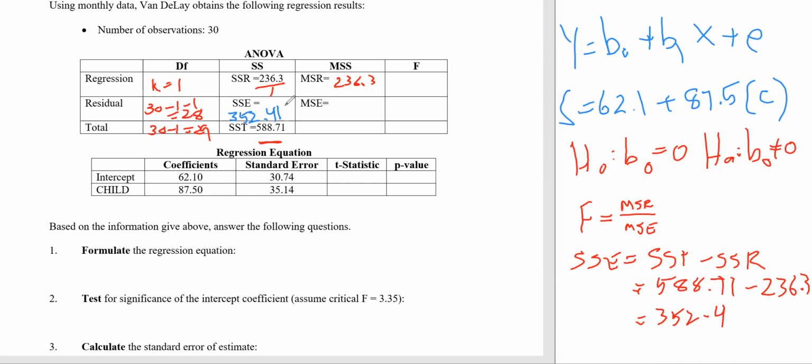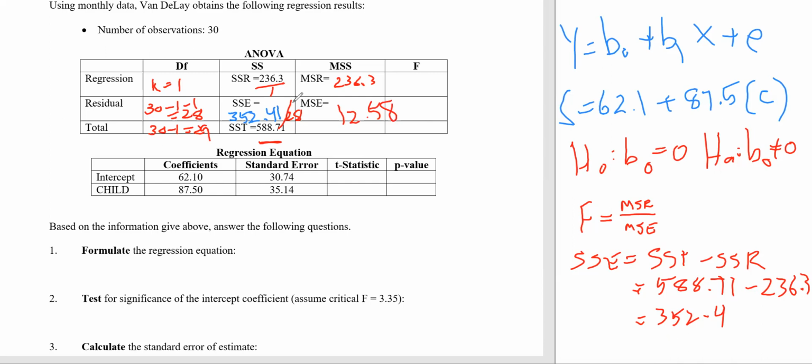The MSE is going to be equal to the SSE, which is 352.41, divided by the degrees of freedom, which is 28. If we divide this by 28, we end up with 12.58.